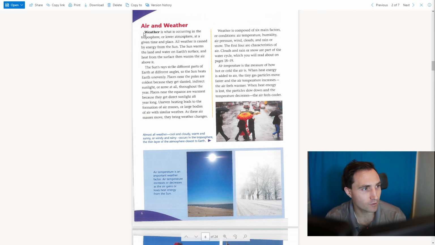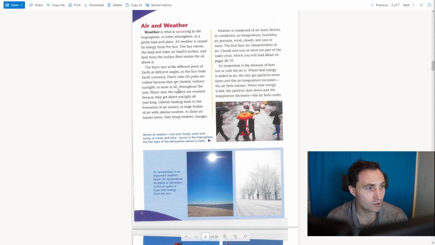Weather, here's your next vocabulary word. Weather is what is occurring in the troposphere or lower atmosphere at a given time and place. All weather is caused by energy from the sun. The sun warms the land and water on Earth's surface, and heat from the surface then warms the air above it. The sun's rays strike different parts of Earth at different angles, so the sun heats Earth unevenly.